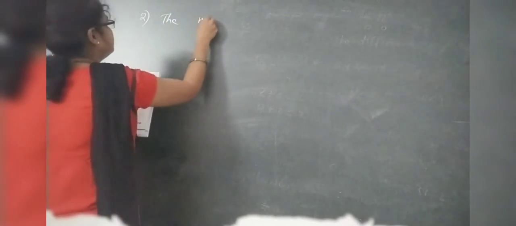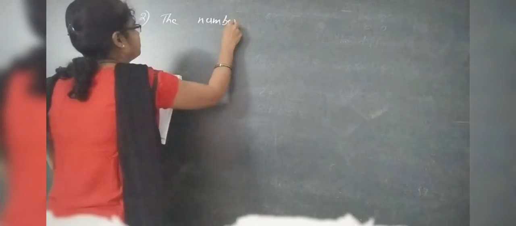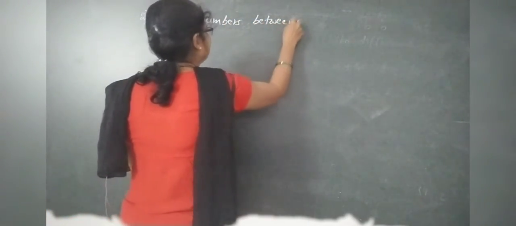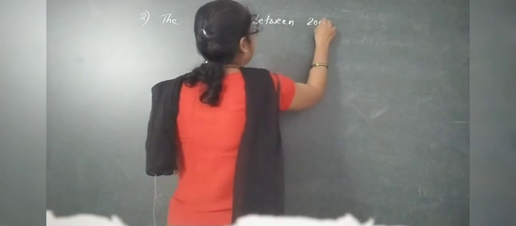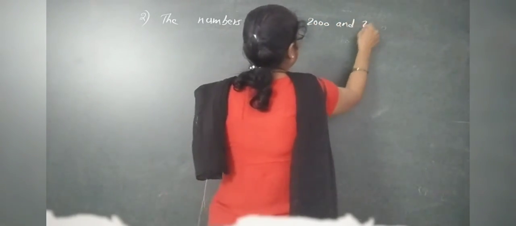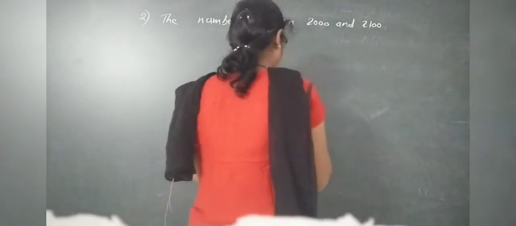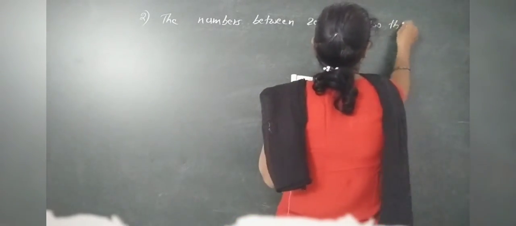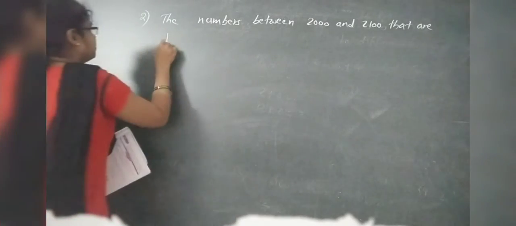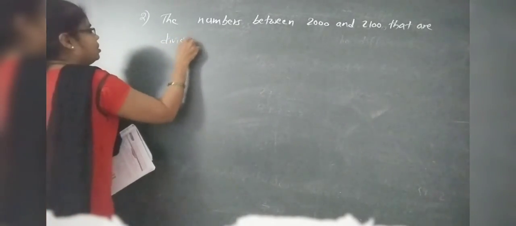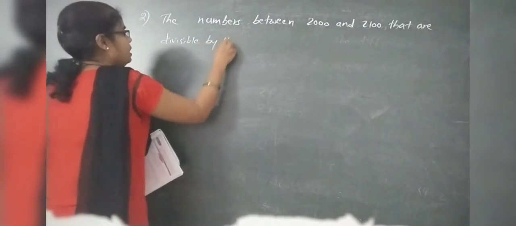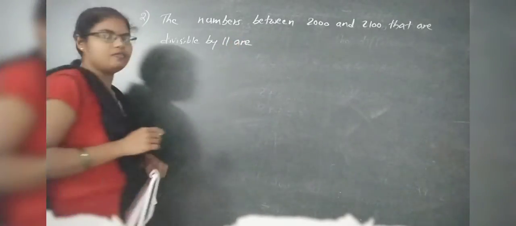So the numbers between 2000 and 2100 that are divisible by 11 are, what is the first number?